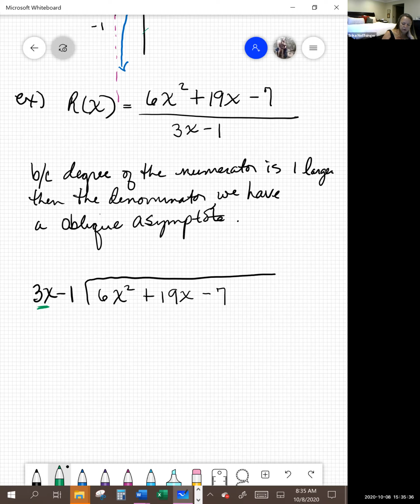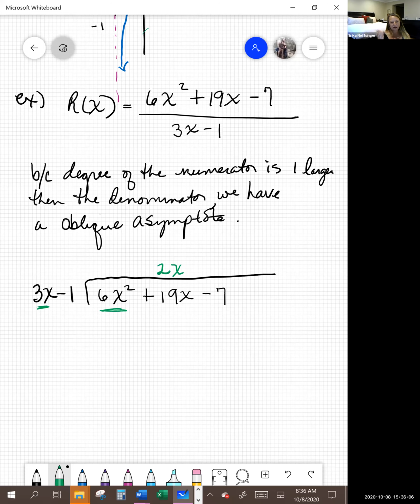What can we multiply the first term of our divisor, 3x, by to get the first term of our dividend? I first think, 3 times what is 6? Well, 3 times 2 is 6. And then x times what gives me an x squared? Well, I need an x.